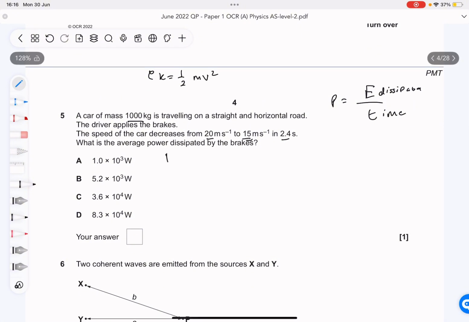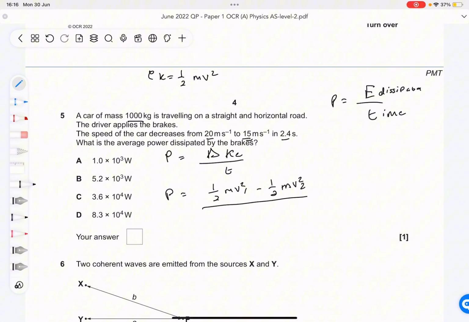So to find the power, I can do the energy dissipated, which is the difference in the kinetic energy, so the change in KE over the time. Well, that's equal to a half mv squared 1 minus a half mv squared 2 over 2.4 seconds, which is the time.